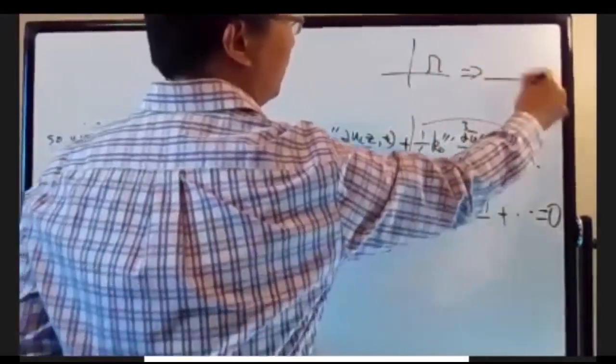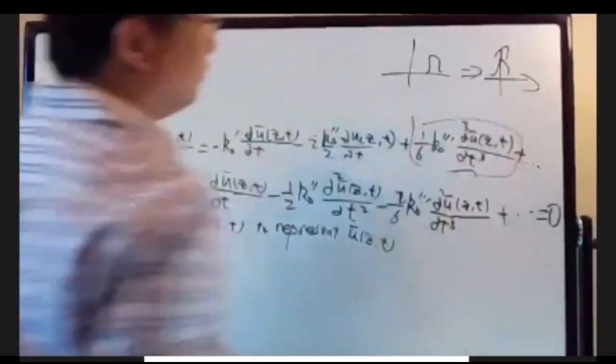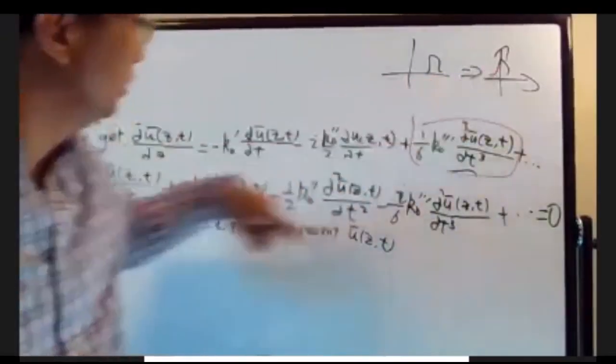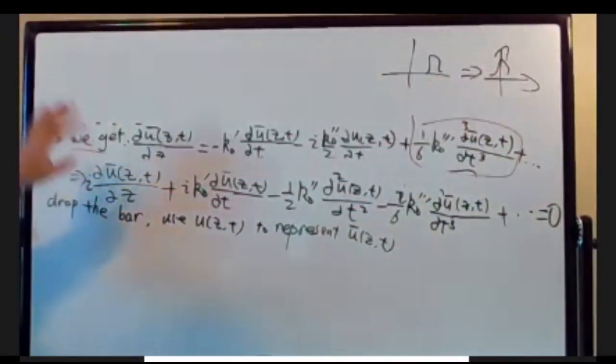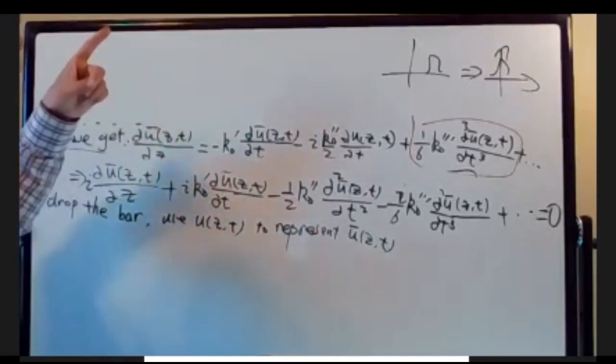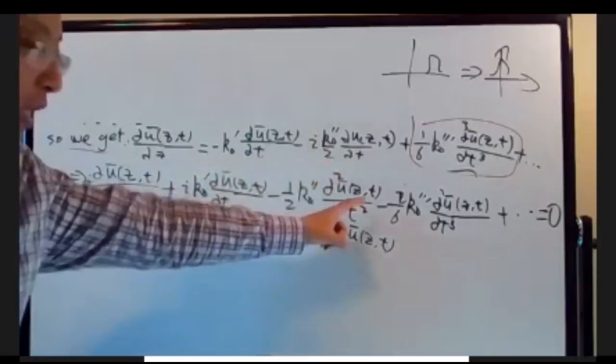Remember we shifted the frequency, removing the carrier frequency, so u bar represents the one with the shifted frequency. But for simplicity, we don't want to write the bar each time, because I'm lazy.